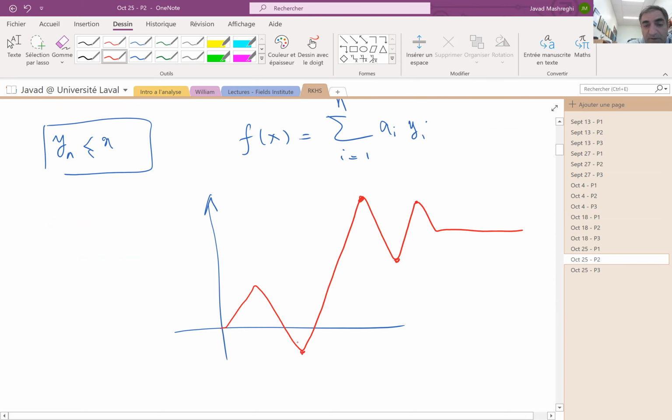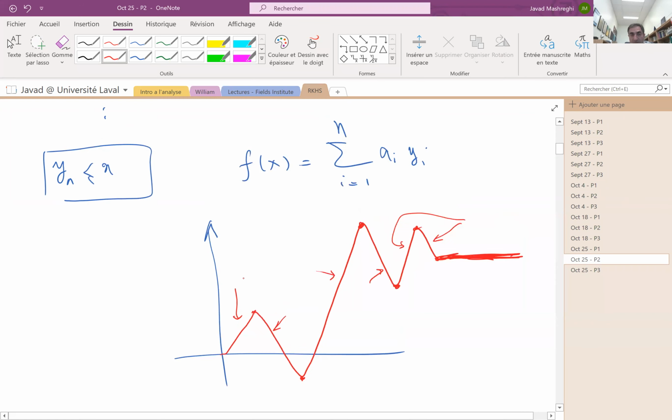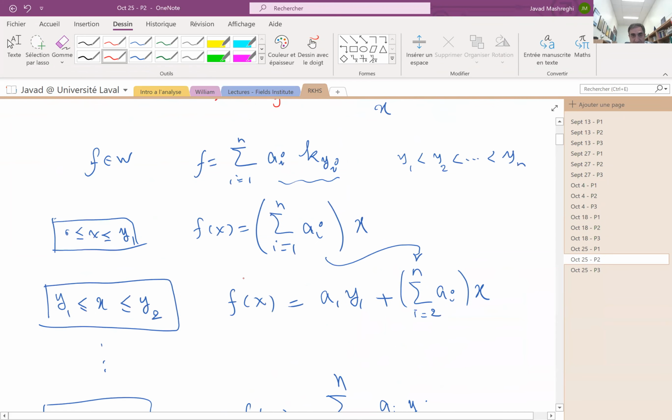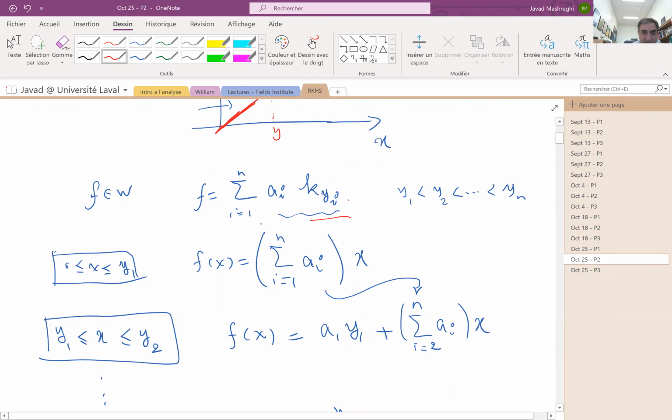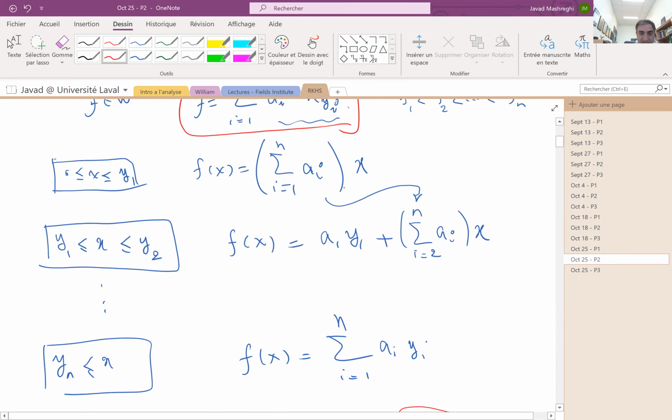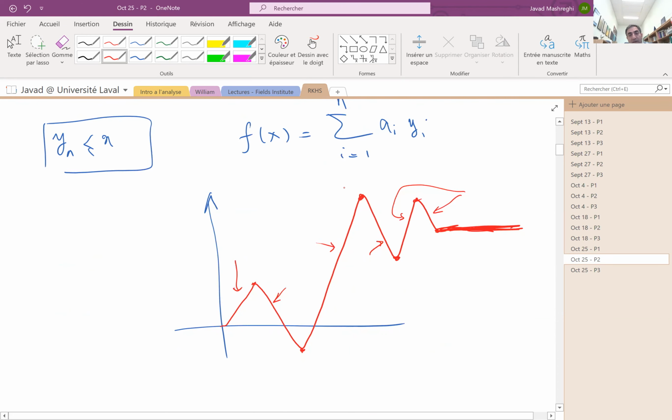Between each interval, it's a multiple of x and eventually a constant. And on the slope of these lines, there is no restriction. Of course, based on the reasoning I gave, any function of this form has a diagram like that, and you can go backward.